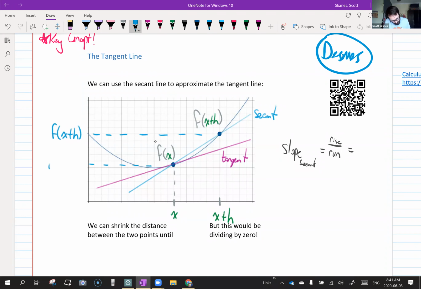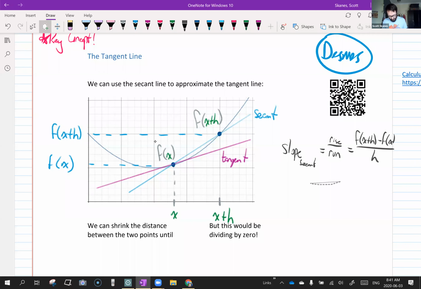This y value would be f of x. So the rise is actually those subtracted. And the run is x plus h minus x, which is actually h.